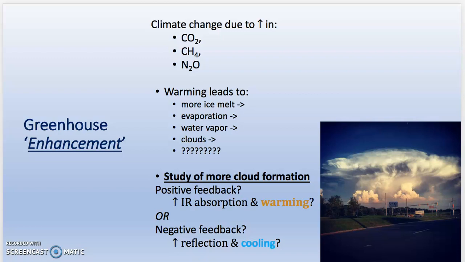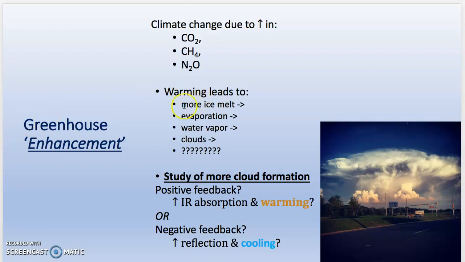So these are all molecules and compounds that are impacted by humans. Their increase can act to warm the atmosphere, and in warming the atmosphere, it leads to more evaporation. More evaporation means more water vapor, which leads to more IR absorption and ping-ponging back down to the Earth's surface.